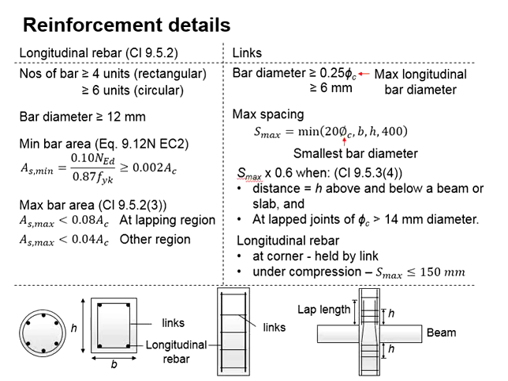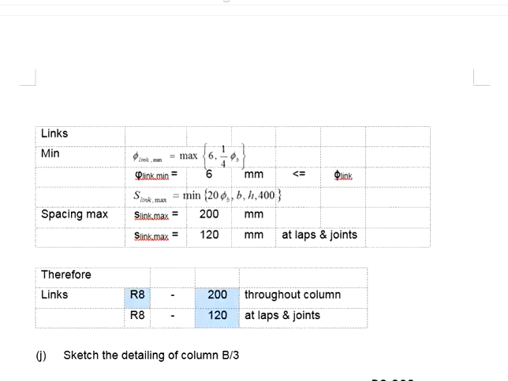That means the shear link will be more closely spaced. Now your maximum spacing is calculated equals to 200. 60% of this 200 will be 120. Therefore, for the lapping regions or for the areas near to the joint, you will have your maximum spacing of 120.